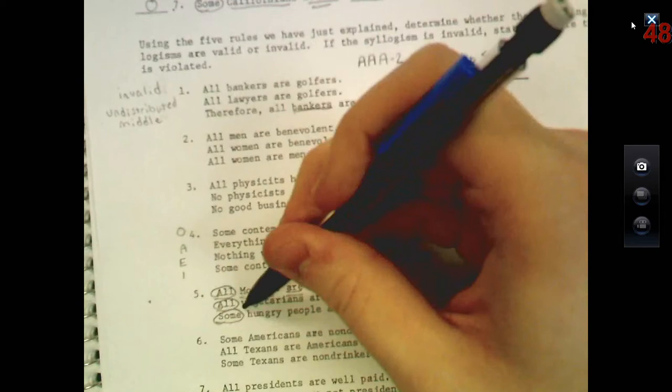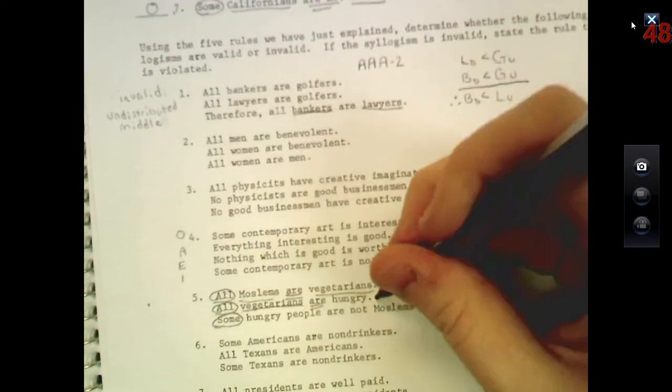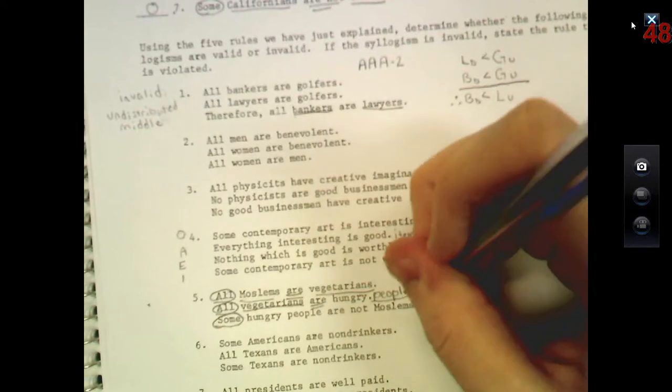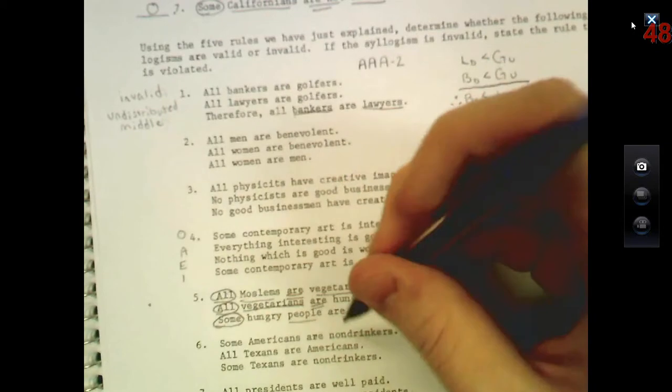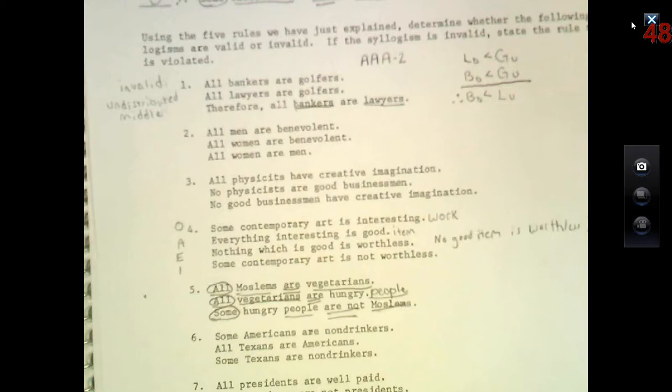Quantifier, subject: teachers, nouns, pronouns, are not. Quantifier, subject, copula, predicate. AOO. Okay, what's the move?